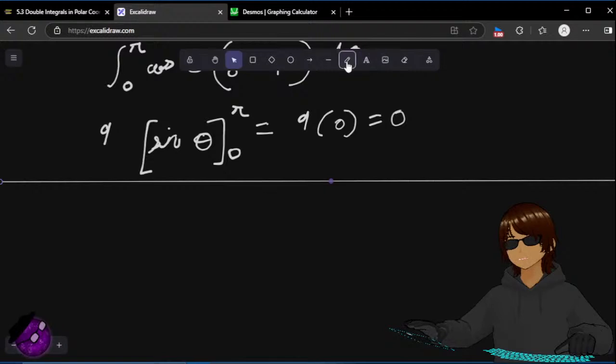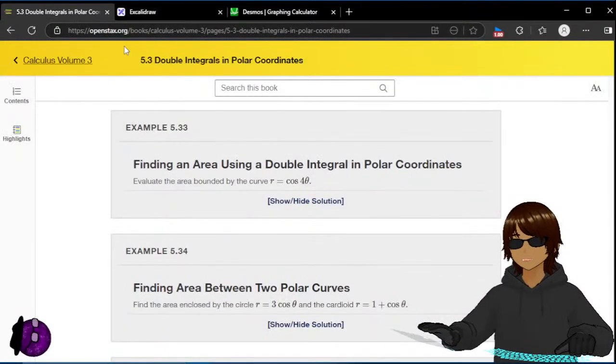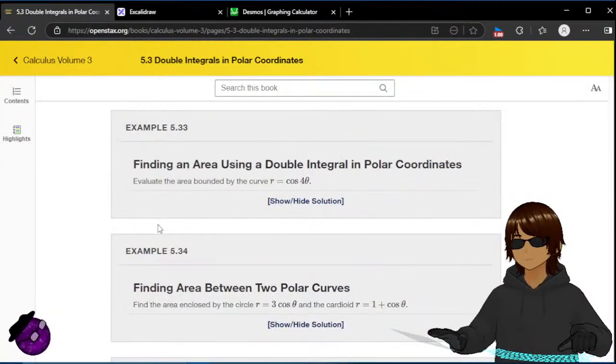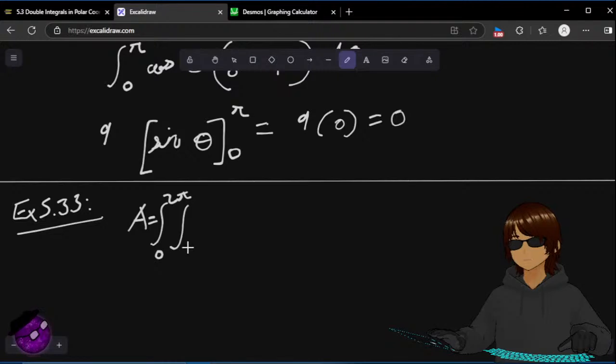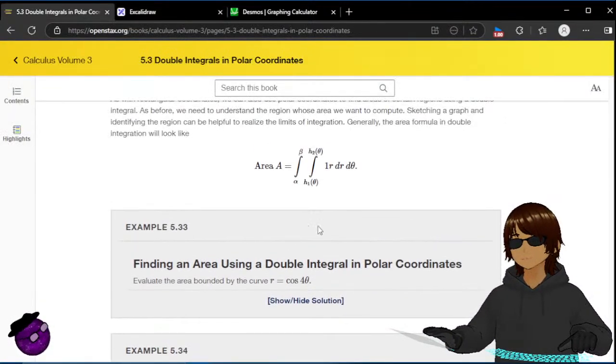Example 5.33. We have 0, 2 pi and cos 4.